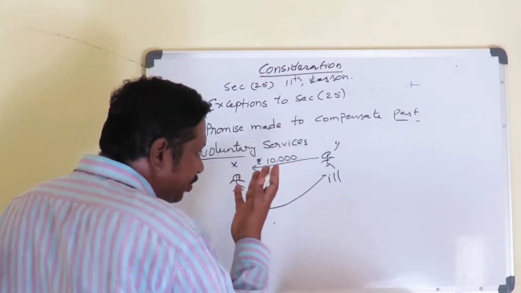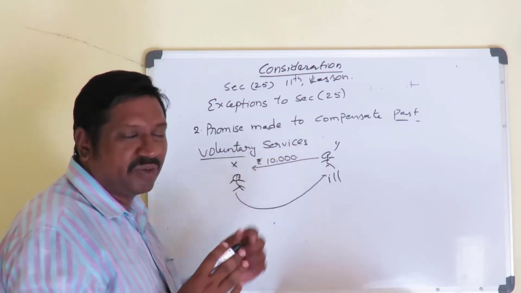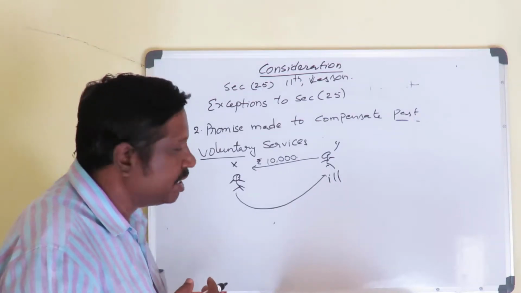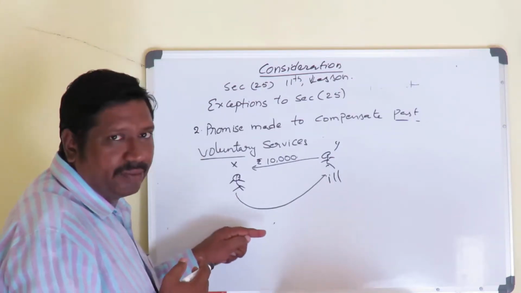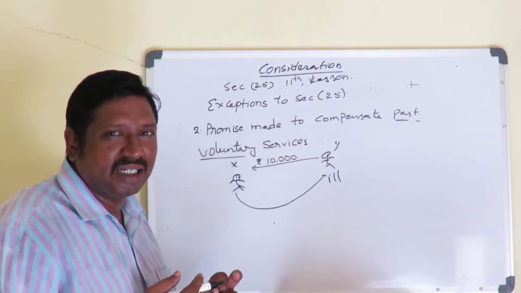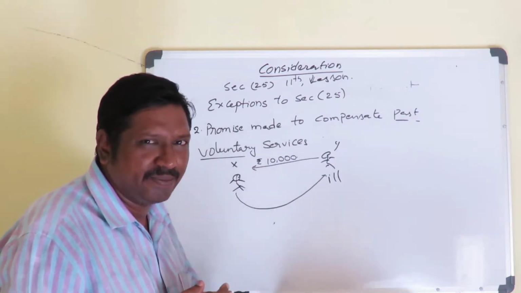In case you opine that X already assisted Mr. Y in the past, what I am asking you is, at that point of time when Mr. X is assisting Y, did X expect anything from Mr. Y?